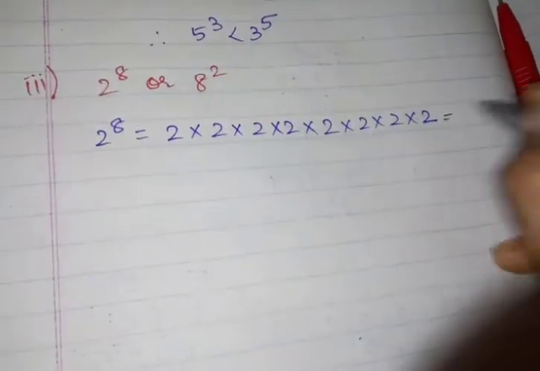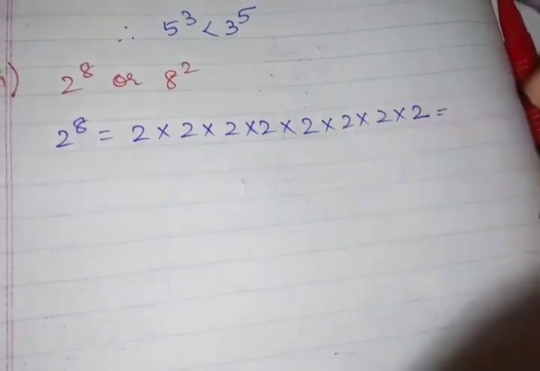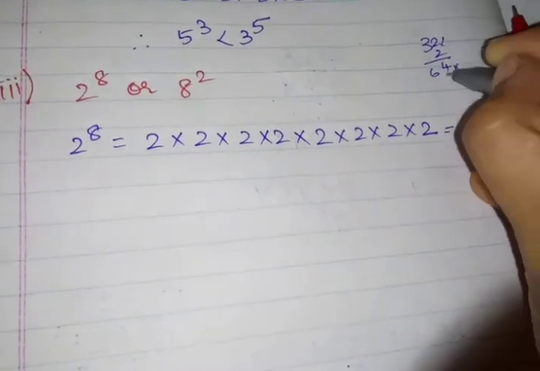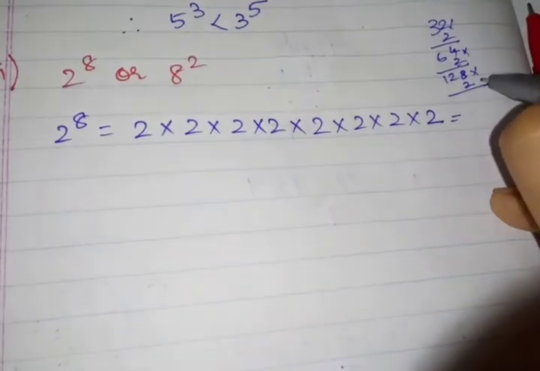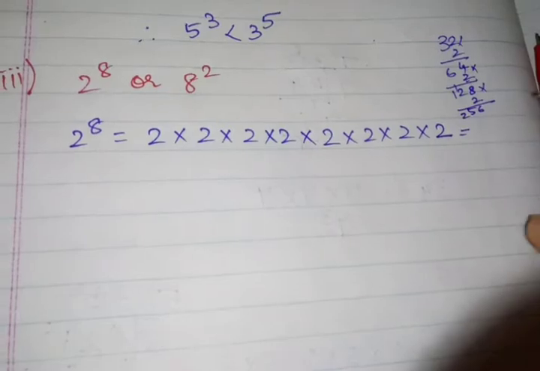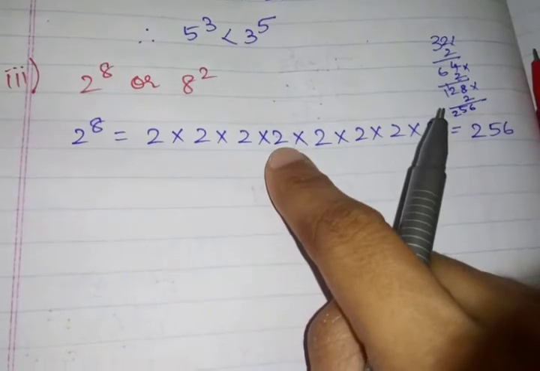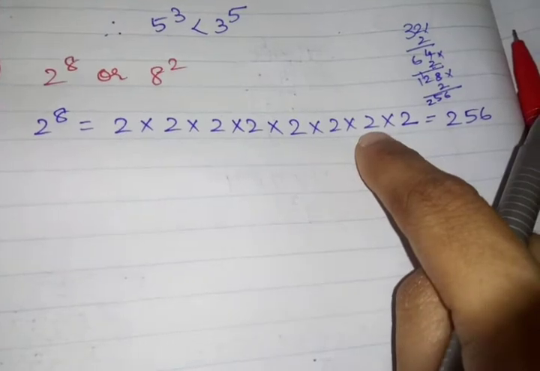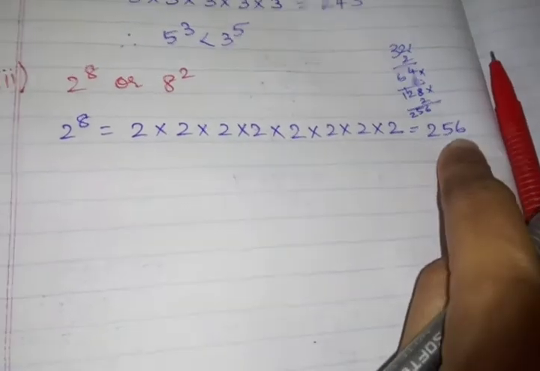2 2s are 4, 4 2s are 8, 8 2s are 16, 16 2s are 32, 32 into 2 is 64, 64 into 2 is 128, 128 into 2 is 256.